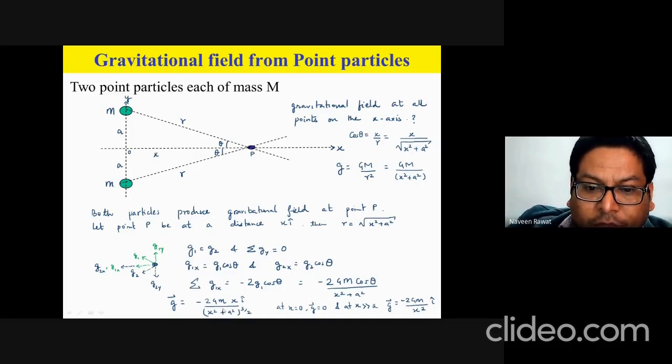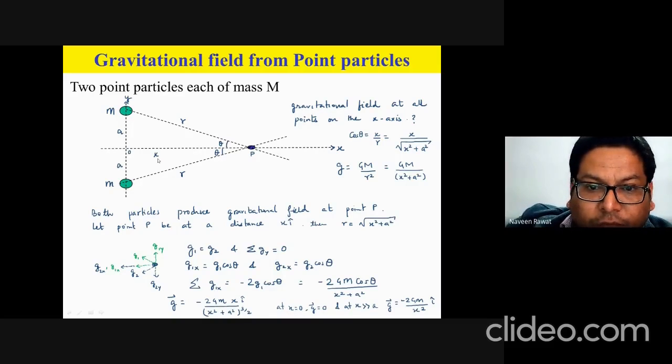Okay, and so you get a factor like this. All right, and this looks confusing in the beginning. So we are writing in terms of x, and we are writing in terms of a, the separation between these masses.